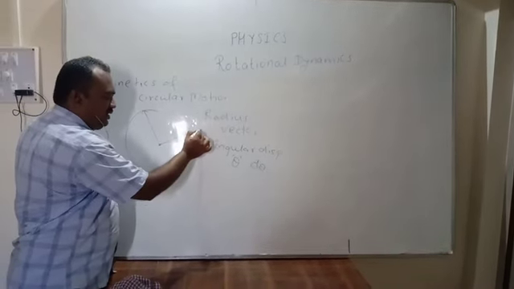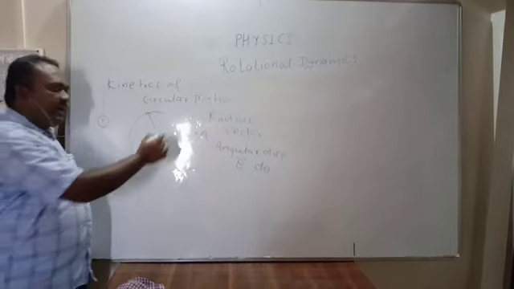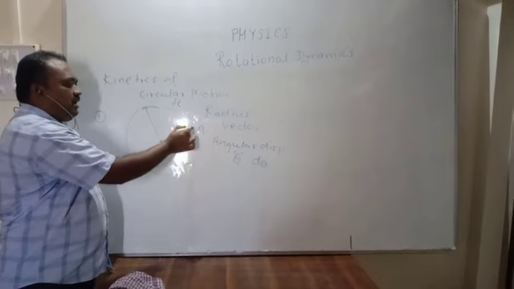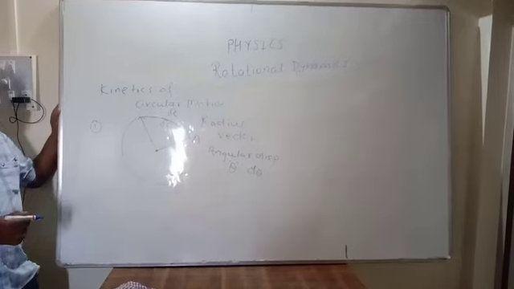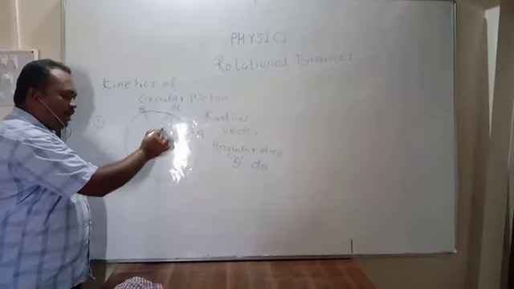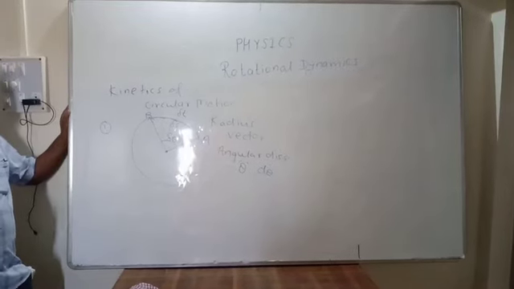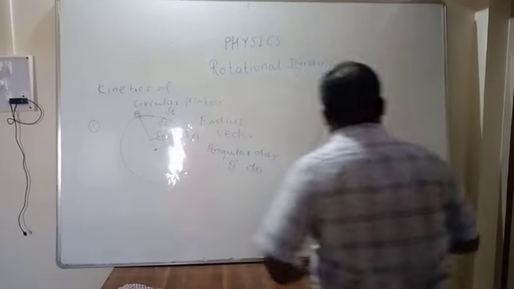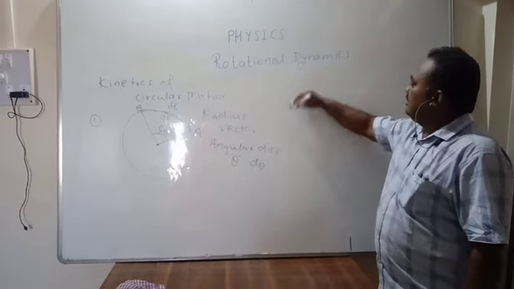Suppose initially the particle is at position A, and in time interval delta t it covers arc length delta s and reaches the point B. Then the angle covered, or angular displacement, is delta theta.